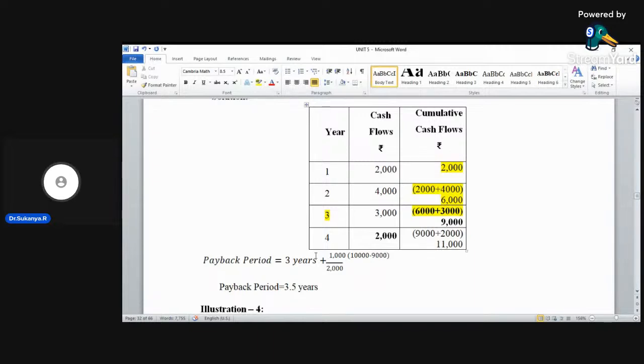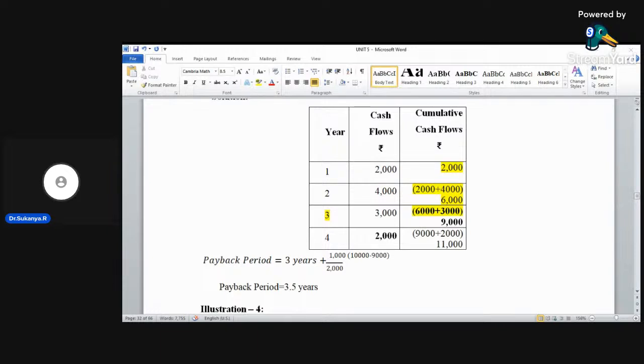So, dear students, please listen to me once again. The payback period is equal to 3 years plus 1,000. That 1,000 is nothing but 10,000, which is the original investment, minus 9,000, which you are able to recover at the end of the third year, divided by the cash inflow of the next year, that is 2,000.